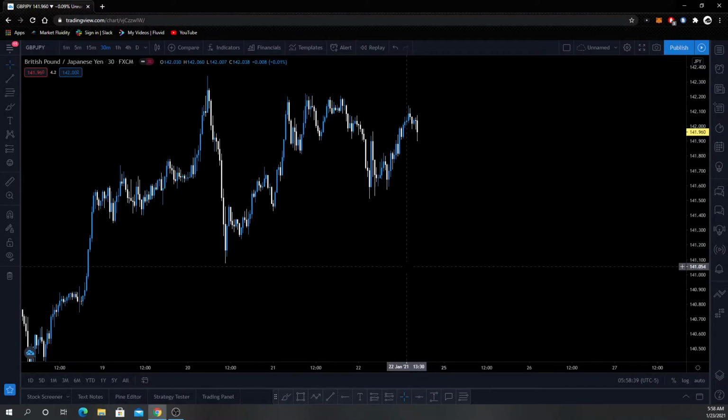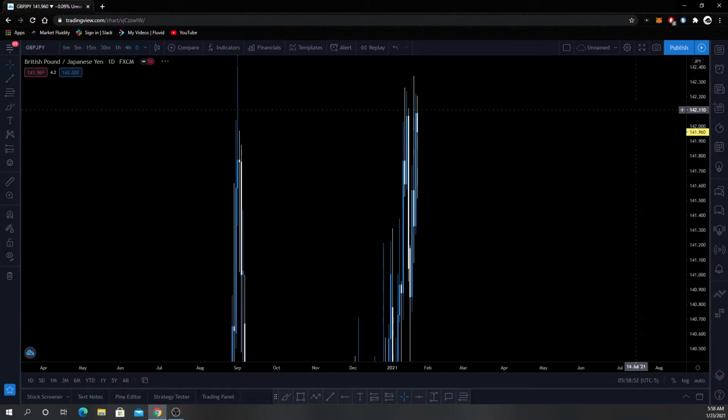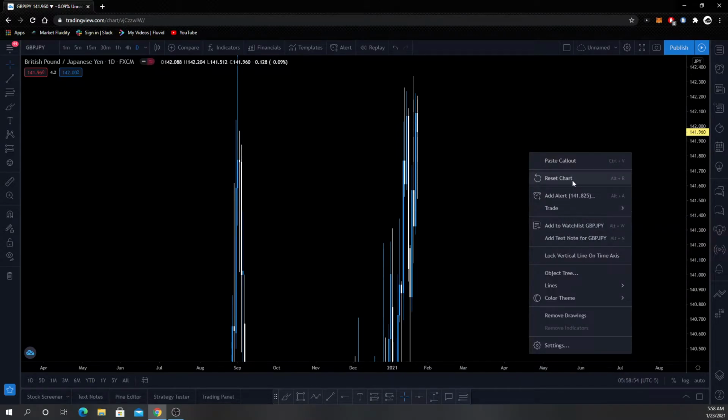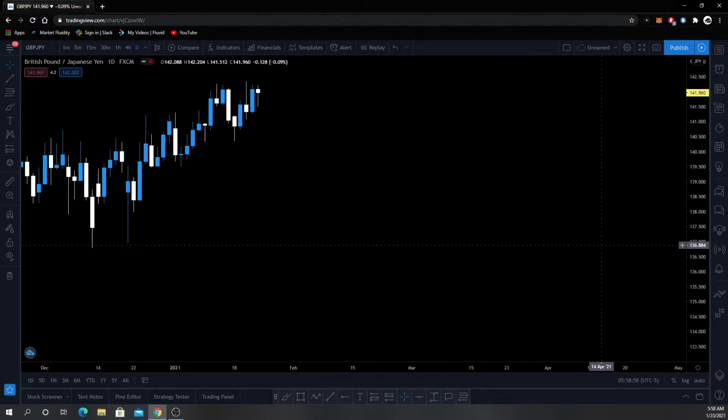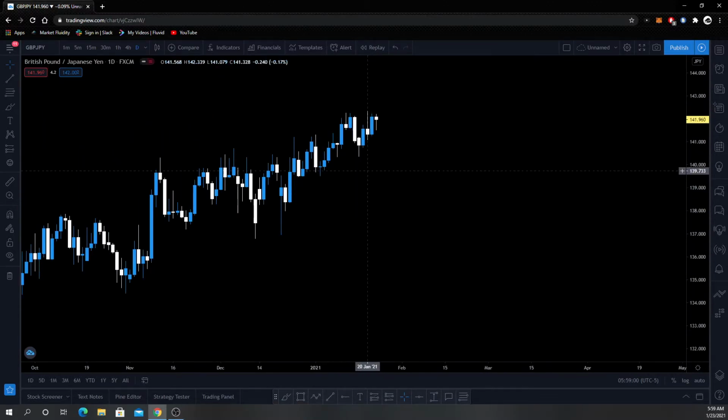Okay, so now we will talk about the direction of the market, the overall direction and the intraday direction. For that we need to go to the higher time frames. We need to look at a daily chart, a weekly, a monthly, but daily is a good place to start from.